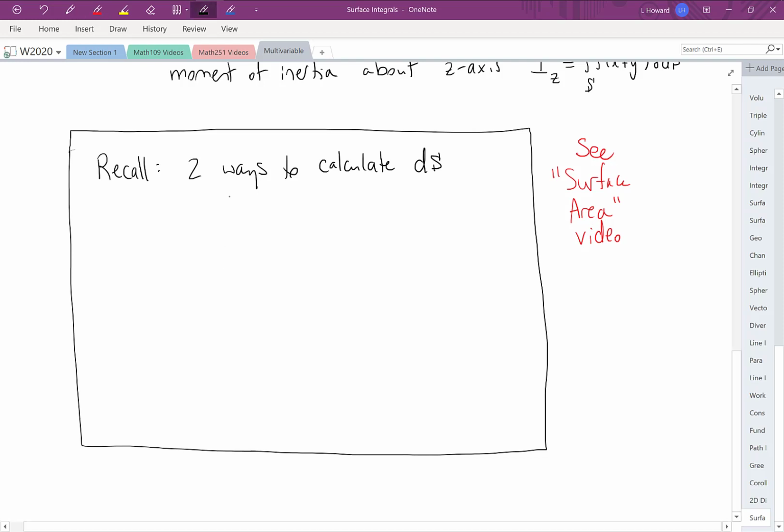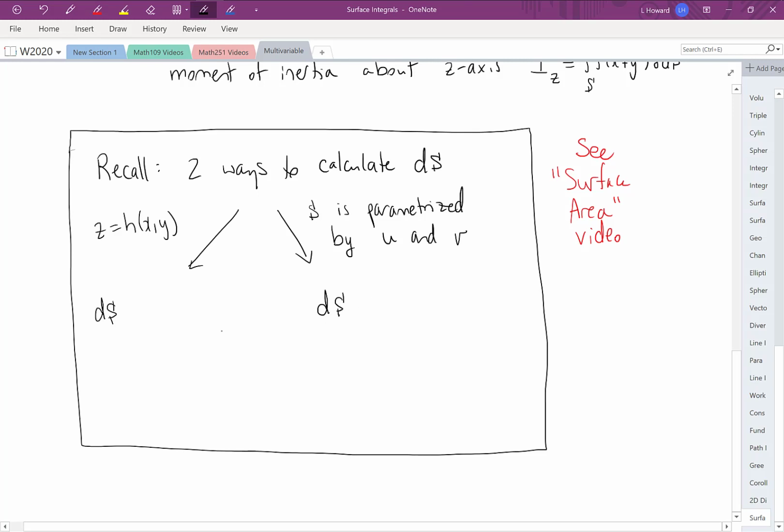The first situation is if z is an explicit function of x and y, let's say z equals h of x, y. We have one formula for d capital S. The other situation is if our surface S is parametrized by two parameters, let's call them u and v. Then we'll have a second formula for d capital S.